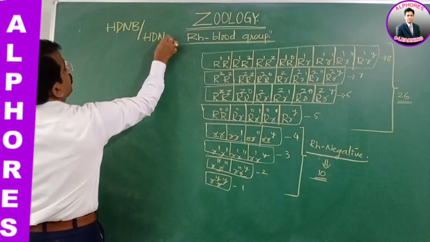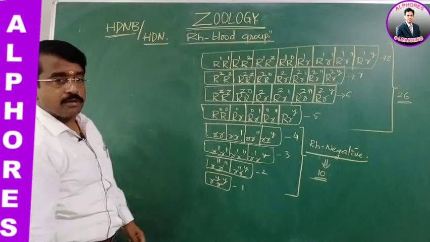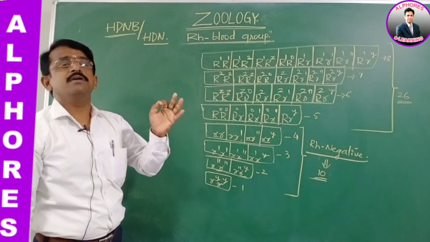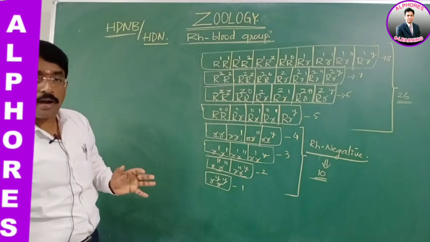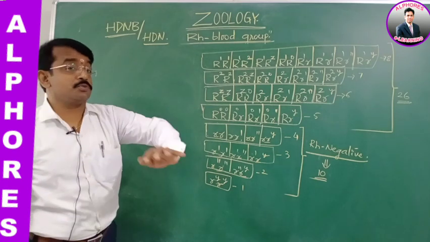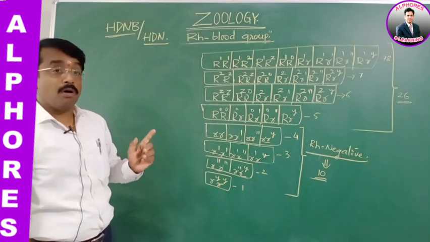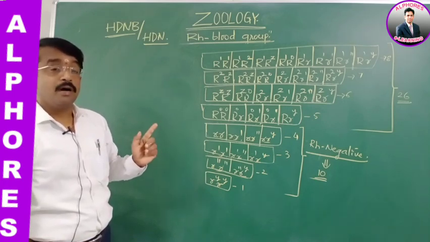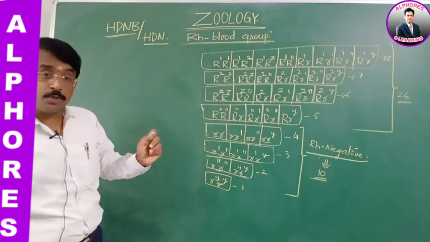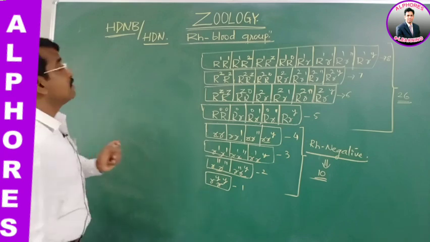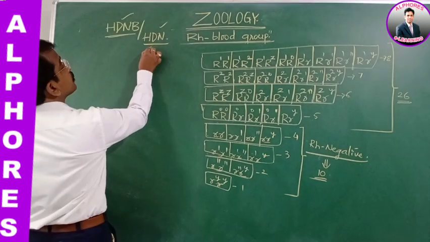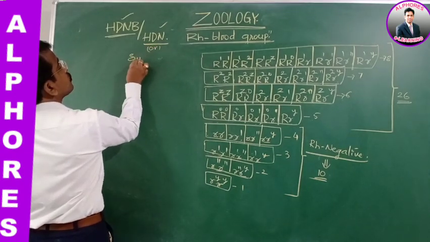I repeat, Rh positive and Rh negative individuals are phenotypically normal, whereas if Rh positive blood is transfused to an Rh negative individual, or else in a pregnancy between an Rh positive husband and an Rh negative wife, it is going to show the consequences which lead to HDNB or HDN, which is also referred to as erythroblastosis fetalis.